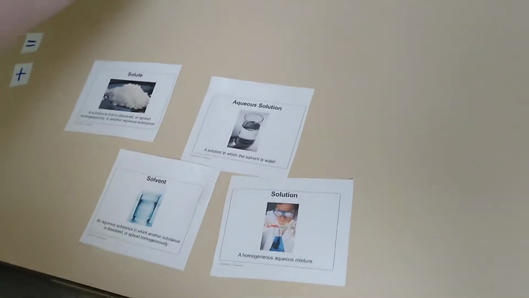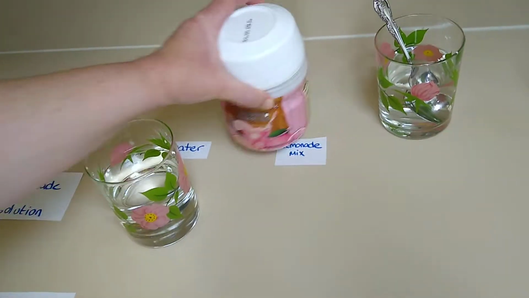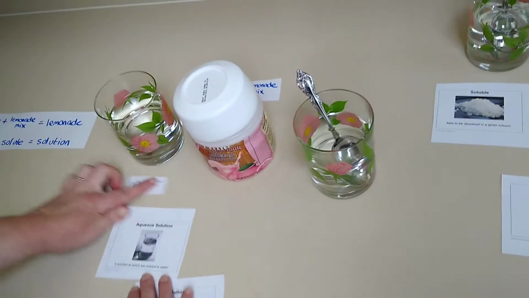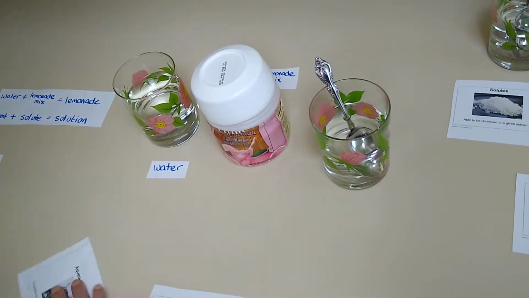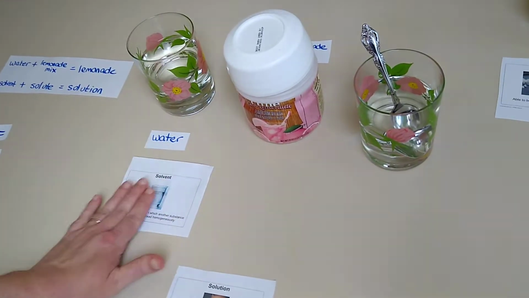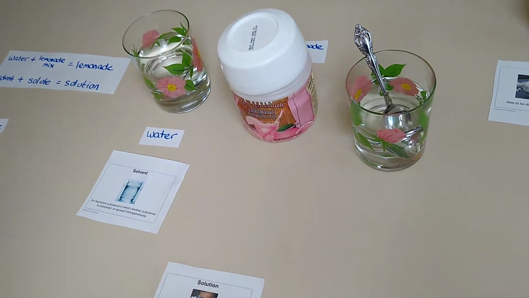So I have a cup of water, some lemonade mix, and another cup of water. The water is going to be my solvent. In other words, the water is the base for what I am making. It will dissolve something in it.